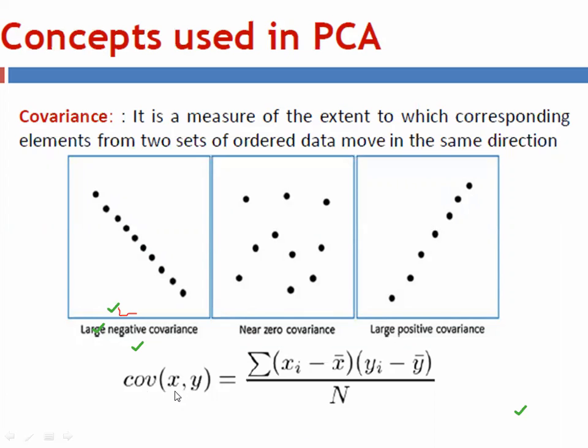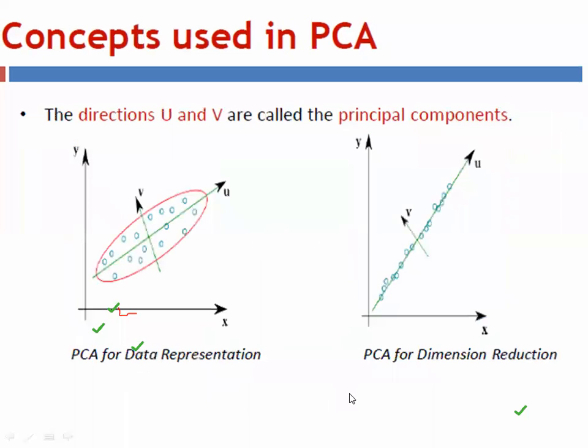Now the covariance formula is covariance of x and y, where x and y are two ordered data sets: summation of (xi minus x bar) multiplied by (yi minus y bar), divided by n, the total number of elements in a set.